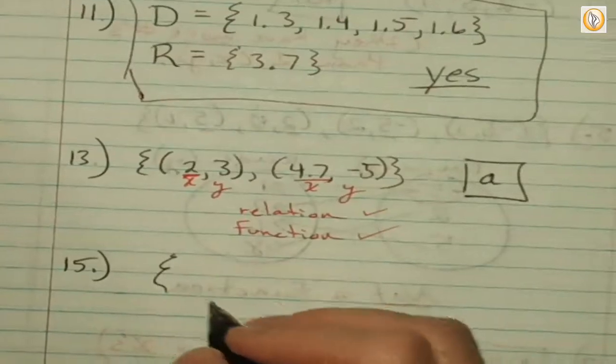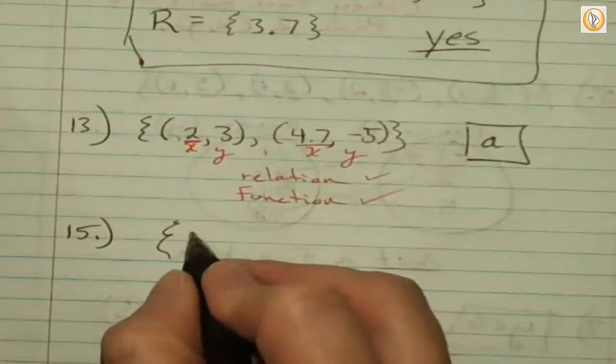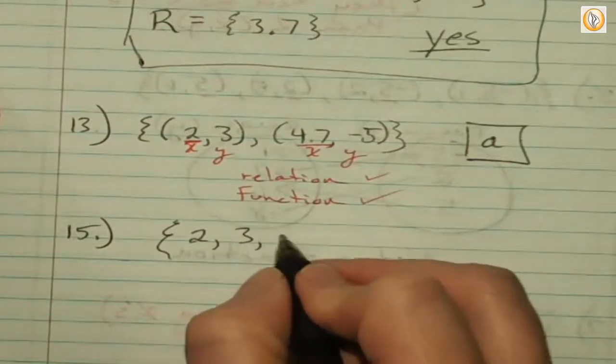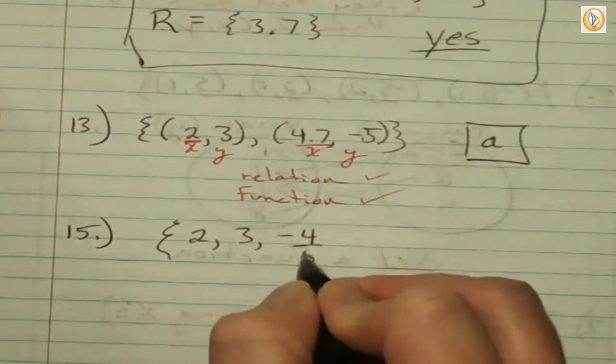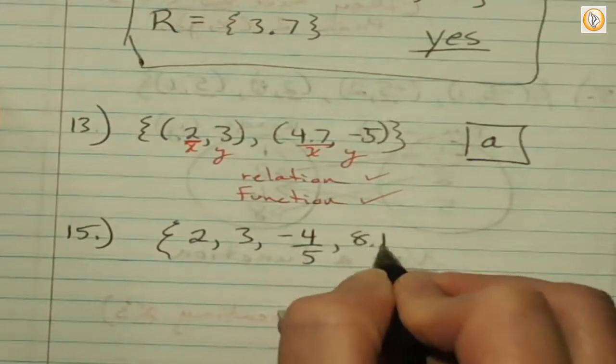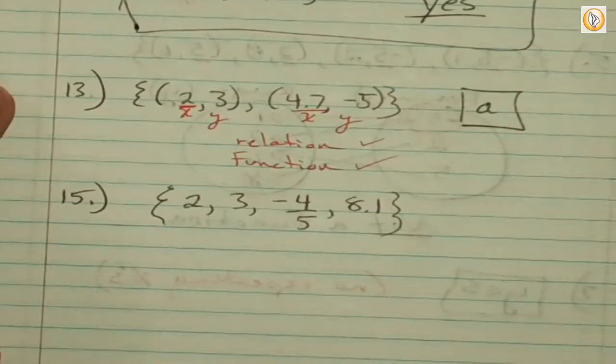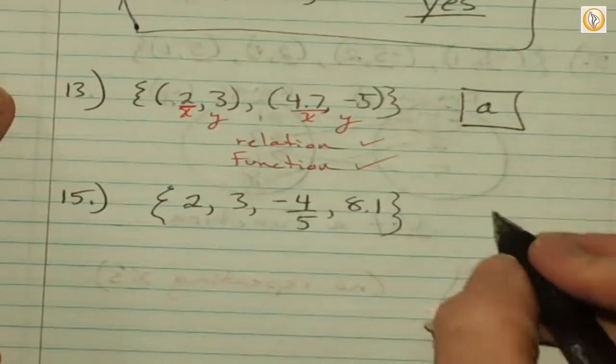All right, let's look at this next one. And I'm doing my little squiggly. No judging. 2, comma, 3, comma, -4 over 5, comma, 8.1. Let's see. It's C. You are correct.